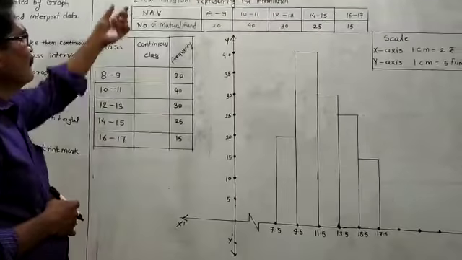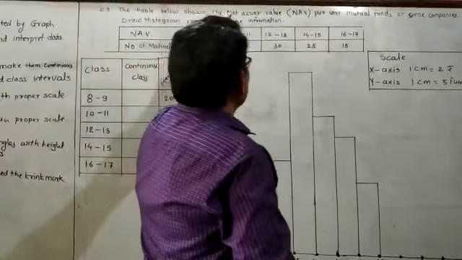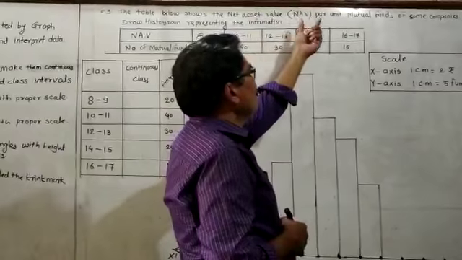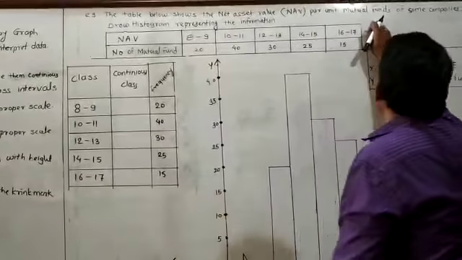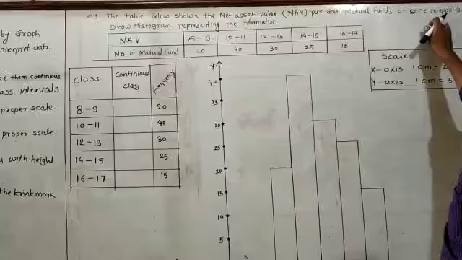histogram. So the table shown below gives the net asset value per unit of mutual funds of some companies.